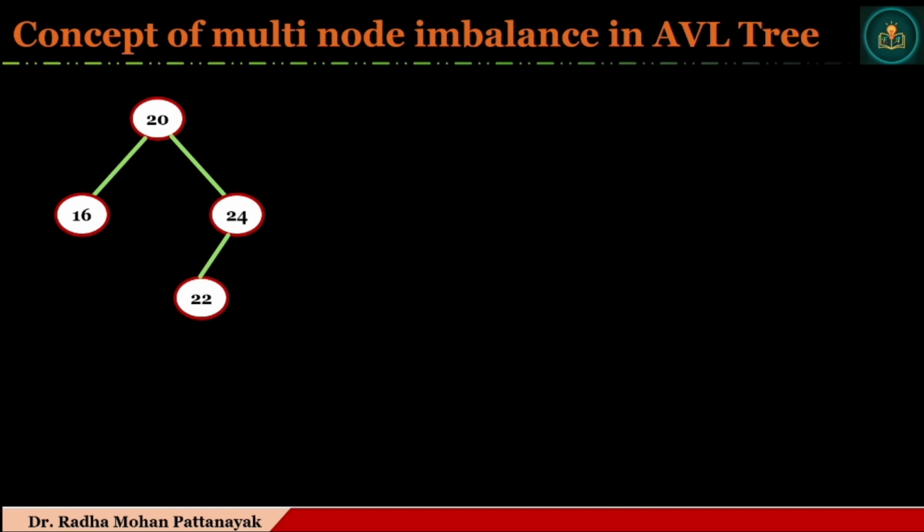That is important. So see here, in this example, before insertion, this tree is balanced. How? Because 20 balance factor is minus 1, 16 balance factor is 0, 24 balance factor is 1, and 22 balance factor is 0. Means all the nodes are balanced.